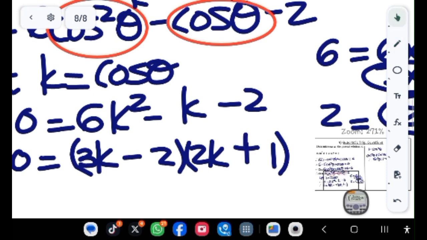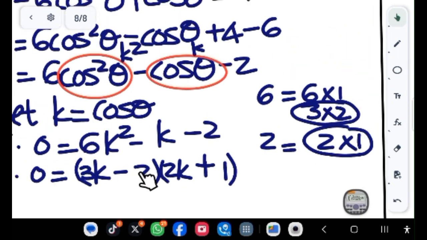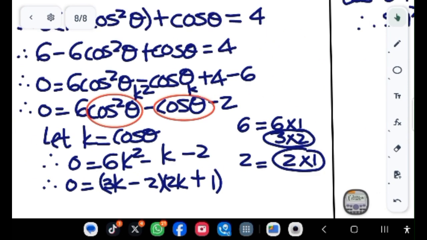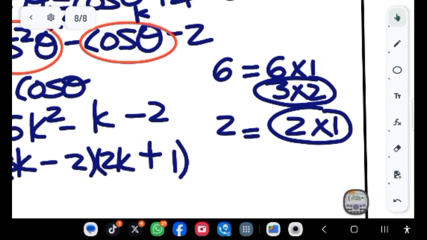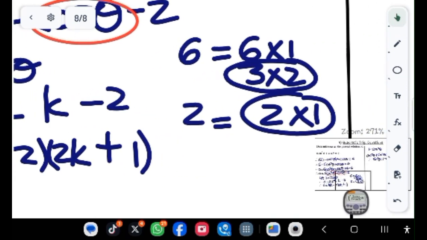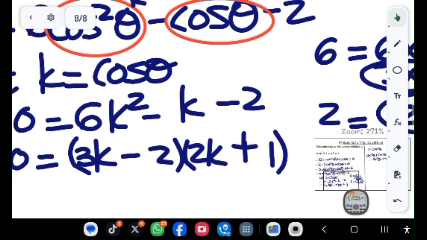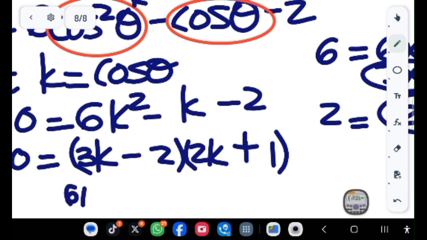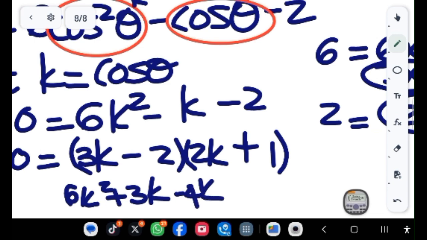That will give us minus k, and then the sign on the last term also matches. Okay, if you're not sure, please quickly just multiply things out. So that will be 6k squared plus 3k minus 4k minus 2. This gives us minus k.